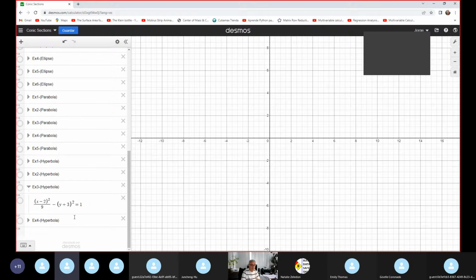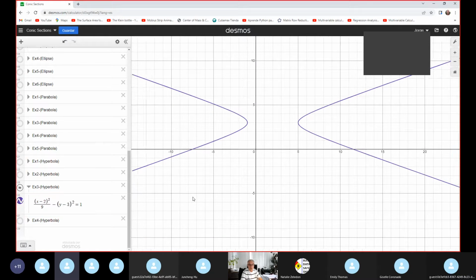This is example 3, exactly the same. No, I copied it wrong. In the paper I put minus, and I fixed it. In the example I typed a minus here.